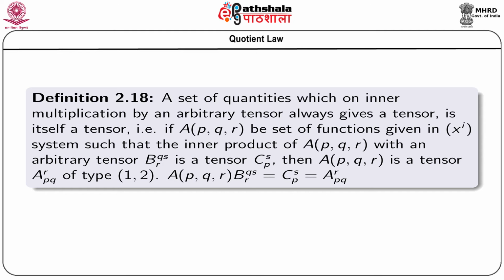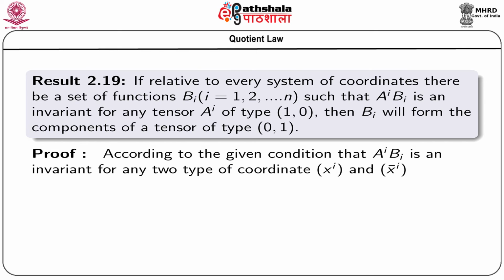That means, if the nature of the function A(p,q,r) is not known, but the nature of B(q,s,r) is known because it is a tensor of type 2, 1, and after the inner product of A and B it gives another tensor of type 1, 1, that is C^s_p, then A(p,q,r) becomes a tensor A^r_pq of type 1, 2. Now, see the result.